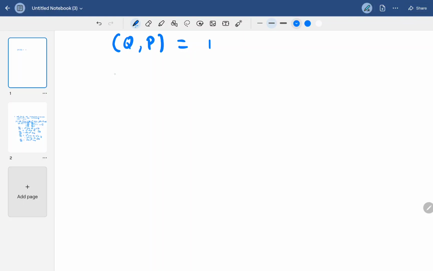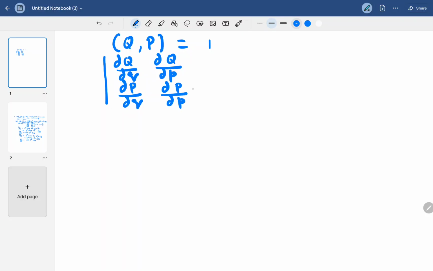What is the value for Poisson bracket Q comma P? It is nothing but the determinant dou Q by dou small q, dou Q by dou small p, dou P by dou small q, dou P by dou small p, which is equivalent to 1.